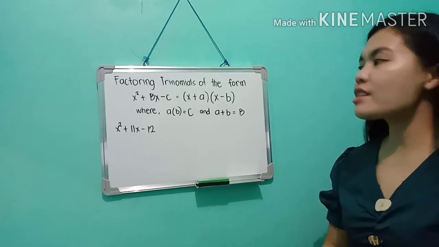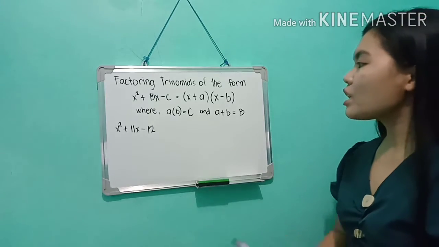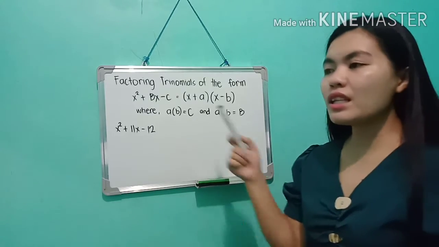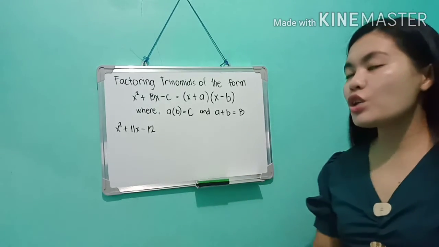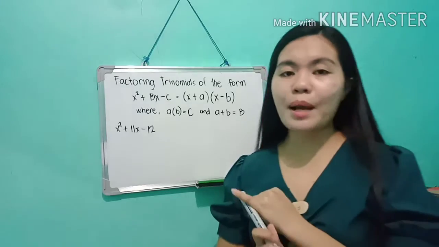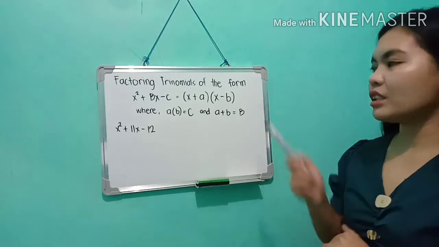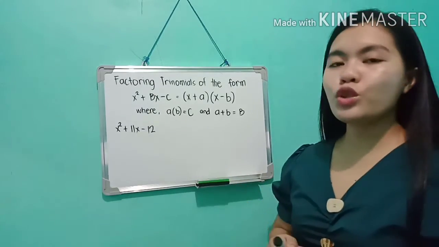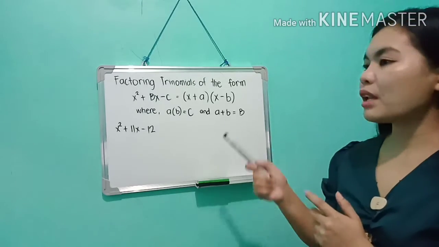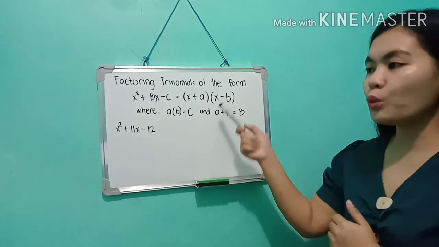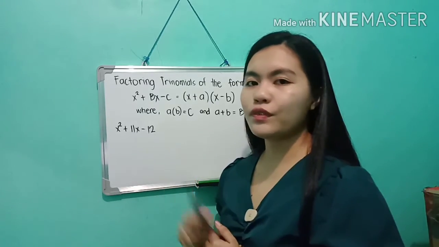So, in the same process, but ang hahanapin natin dito ngayon ay ang dalawang numbers na kung i-multiply natin, it will satisfy the C, and if we're going to add it, it will satisfy the B. Yung numbers na yun ay isang positive at saka isang negative, which are positive A and negative B. Since positive yung middle term natin, kailangan yung malaking value or malaking number ay ang positive at yung maliit na value ay negative.